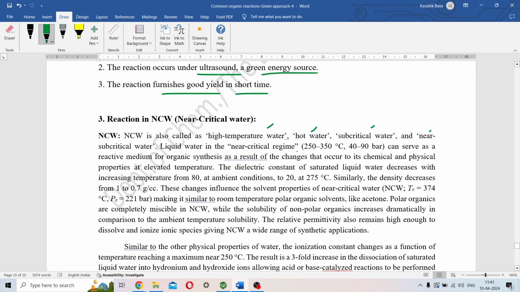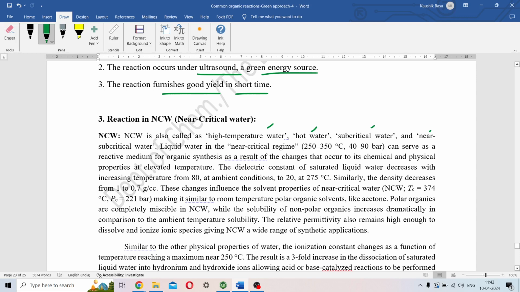So if you increase the pressure, the boiling point increases, and for every liquid there exists a temperature above which, no matter how much pressure you apply, the corresponding vapor cannot be liquefied, and that's called the critical temperature, right?